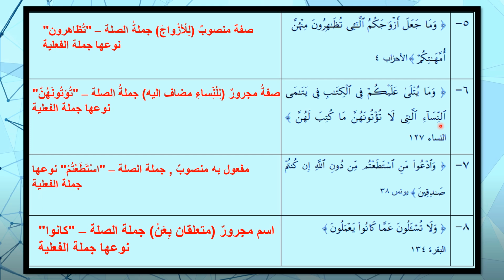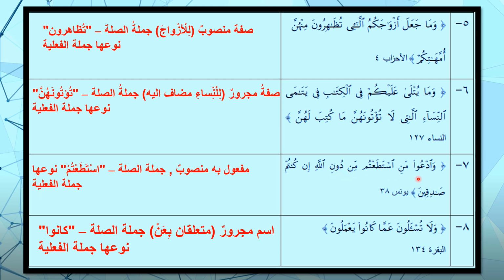So yatama nisa'i is in mudaf ilayhi position, and jumlatu sila tu'tunahunna, and what is the type? Jumla fa'aliya. Tu coming from the verb ata. Ata means to come, and tuna is the fail, with the damir hunna for the feminine jama nisa.